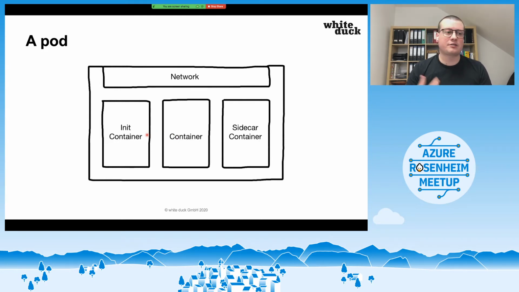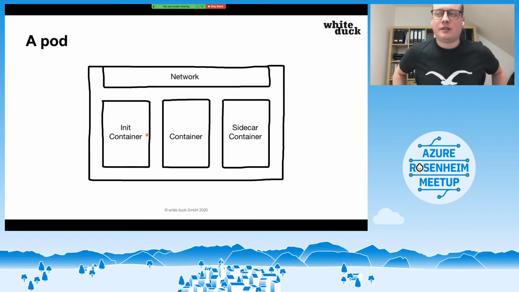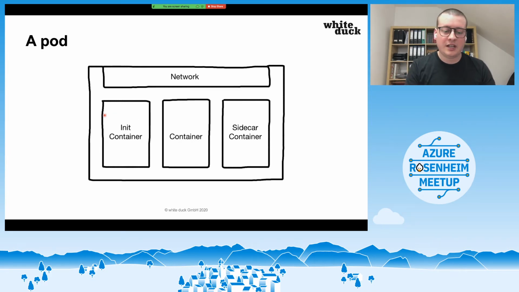So let's say running scripts which provide some kind of environment configuration, or a script which creates tables in the database. So anything you need for the main process, but you don't like to have running in the container of the main process, you can put into an init container, and an init container makes sure that it finished successfully before the main process gets started.